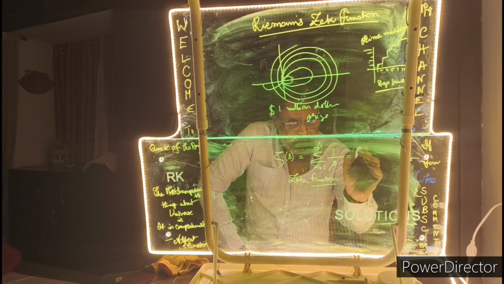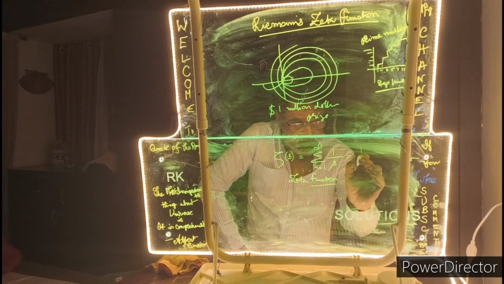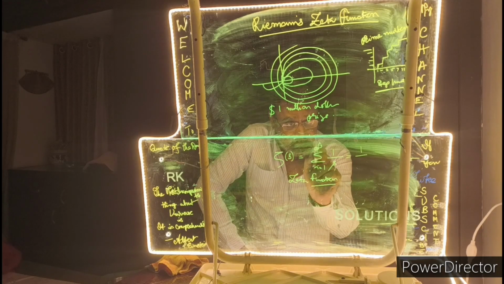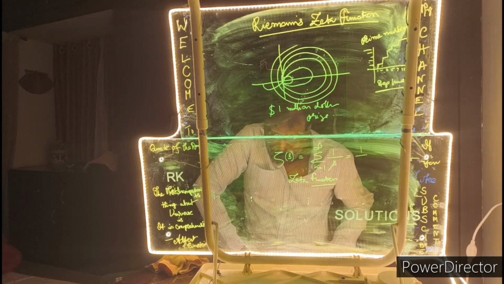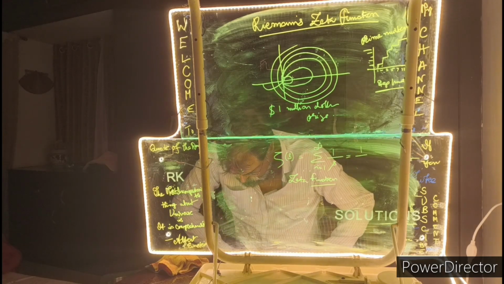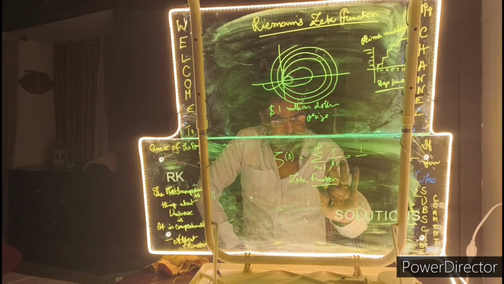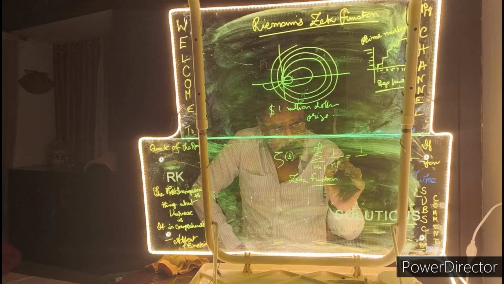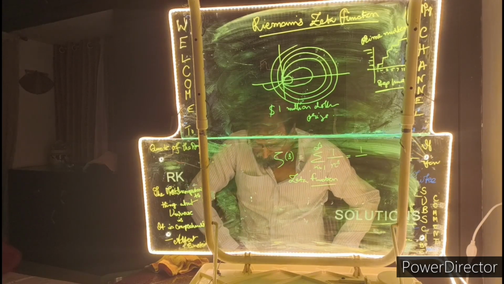Or definitively, it means the infinite series, as you can see, a summation from n equals 1 to infinity of 1 by n raised to s.